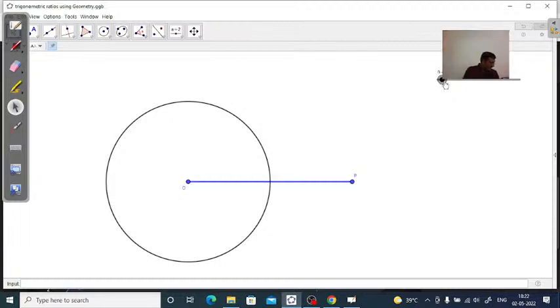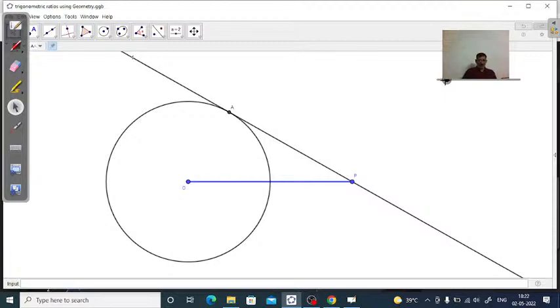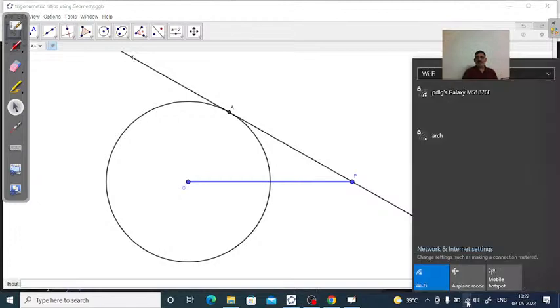It is easy to observe that from that external point a tangent is drawn.